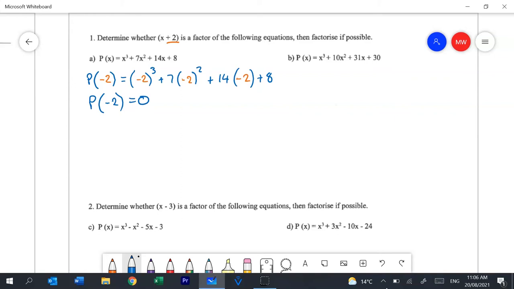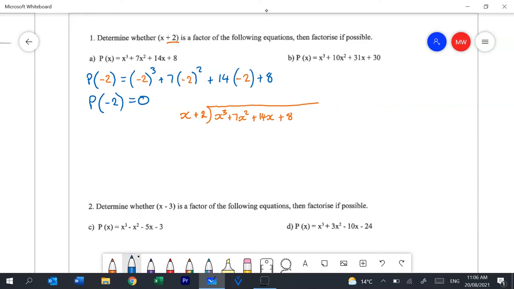Let's do this one using long division, okay? So what we're going to do is we're going to say, is x plus 2 a factor of x cubed plus 7x squared plus 14x plus 8.